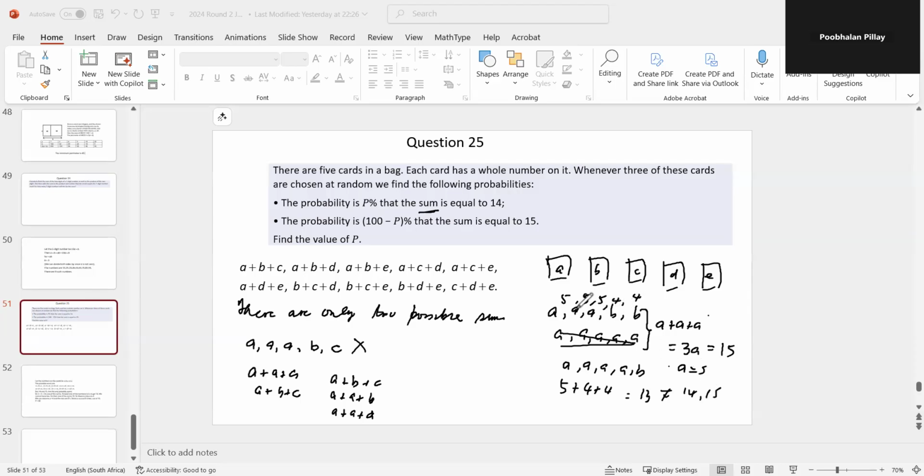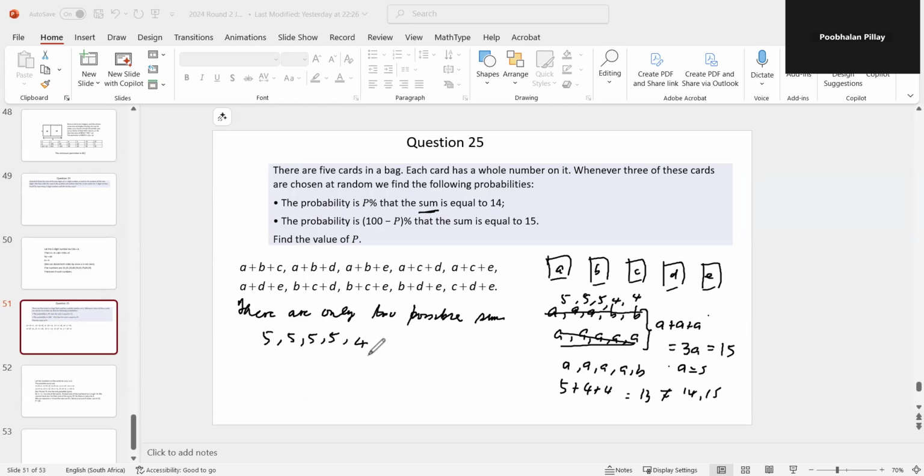So this is also out, because that gives you a new number. So the numbers that we have, 4 of them are the same, and one is different. The numbers which are the same are all 5s. So we now know exactly what the 5 numbers are. The numbers are 5, 5, 5, 5, and 4.